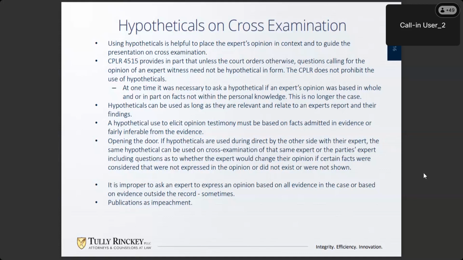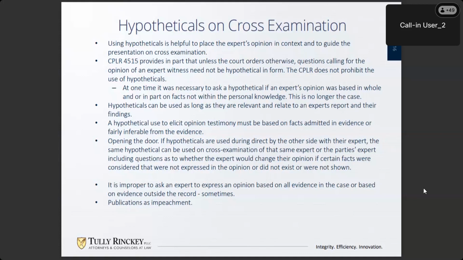If the information comes from an out-of-court source, such as a document, although the expert can testify they relied on it, the content can't be read or testified to by the expert unless admitted into evidence by the testimony of a person subject to cross-examination. Otherwise, the document is hearsay unless there is an exception to it.